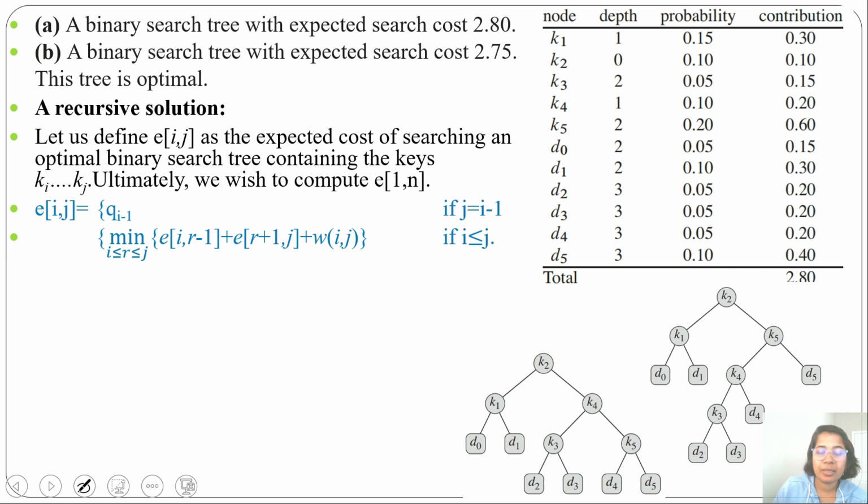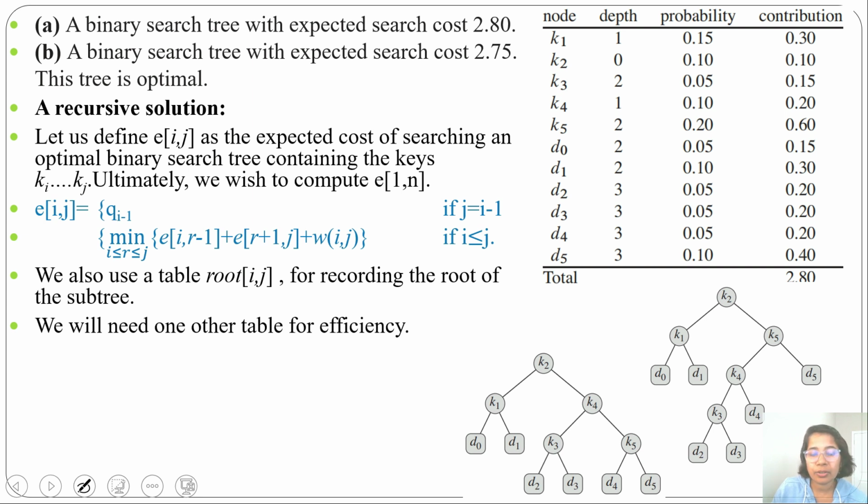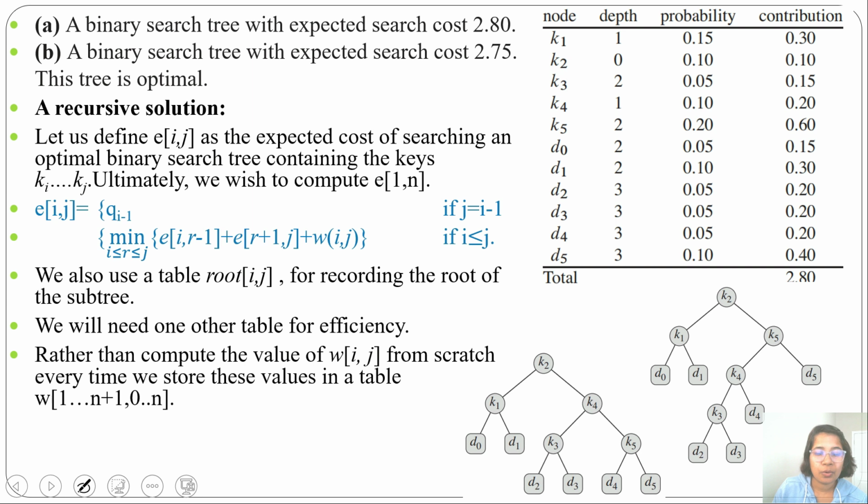We need to create 3 tables, one for e, another for root[i][j] that will record the root of the subtree, and another for storing the w. This means every time we don't need to find it from scratch, we can maintain a table for w[i][j] and use those values.